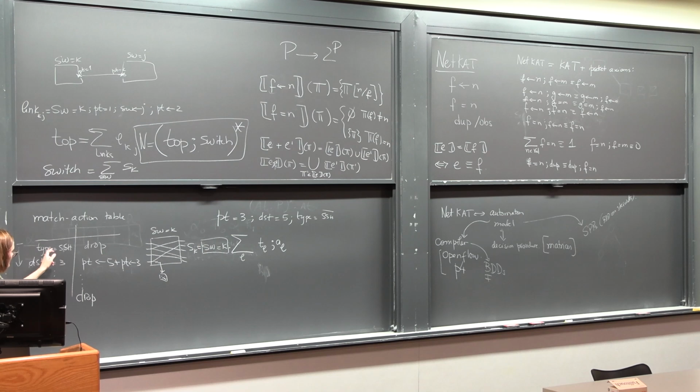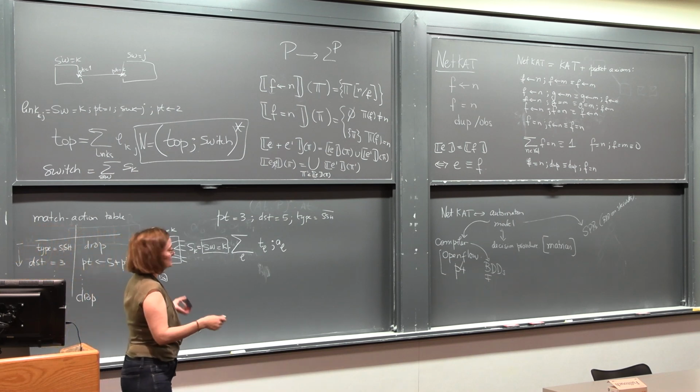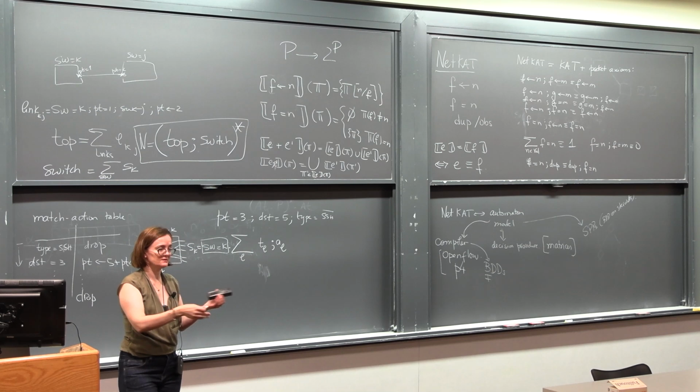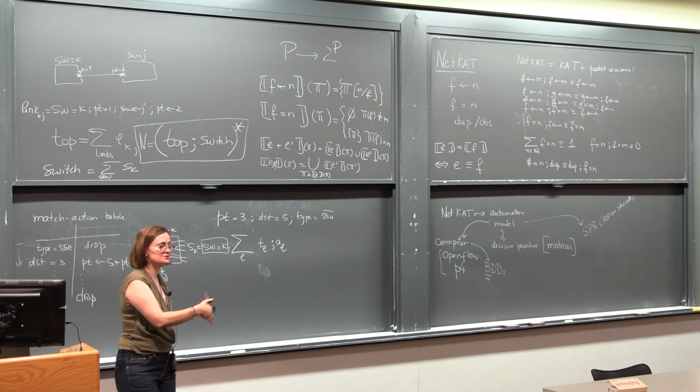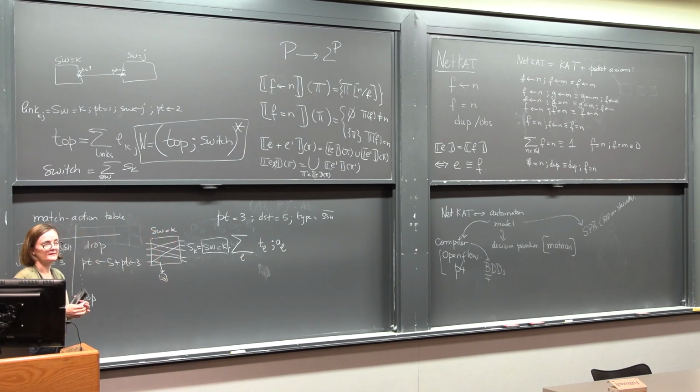You just go from this to a big if then else and write it in NetKAT. And the same thing with the topology. Once you know the links between the switches, you can write a little program that translates from whatever language you have this written in to NetKAT. So it's not like you need to spend many hours writing this by hand.